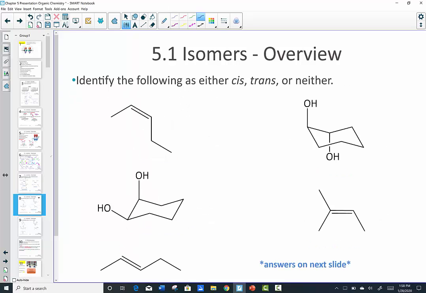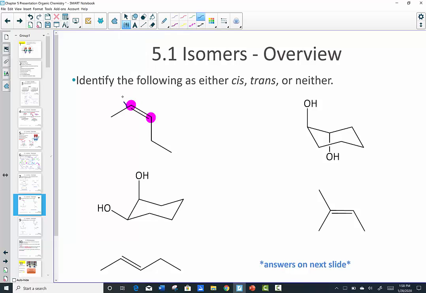This is so important. Let's practice another. Let's draw these on our paper and decide, are these cis, trans, or neither? Well, to meet the criteria of being a stereoisomer, the 2 carbons in the double bond, let's say here and here, have to have unique attachments.